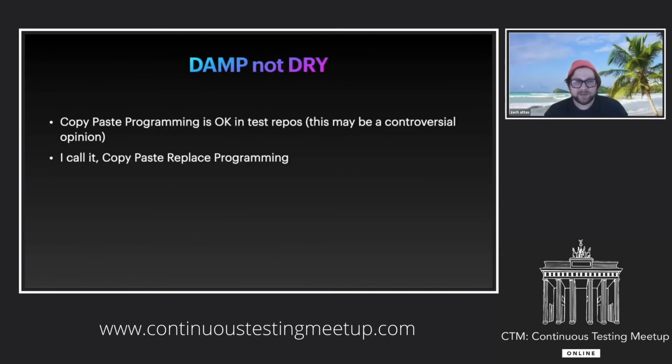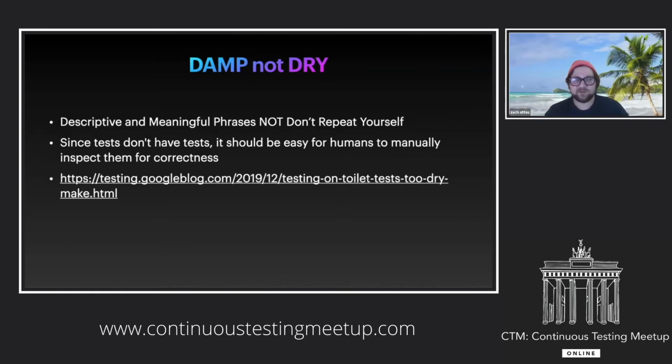And then just another idea. I guess I don't have this in a bullet point for DAMP not DRY, but you want your method names to be very explicit for what they're doing.